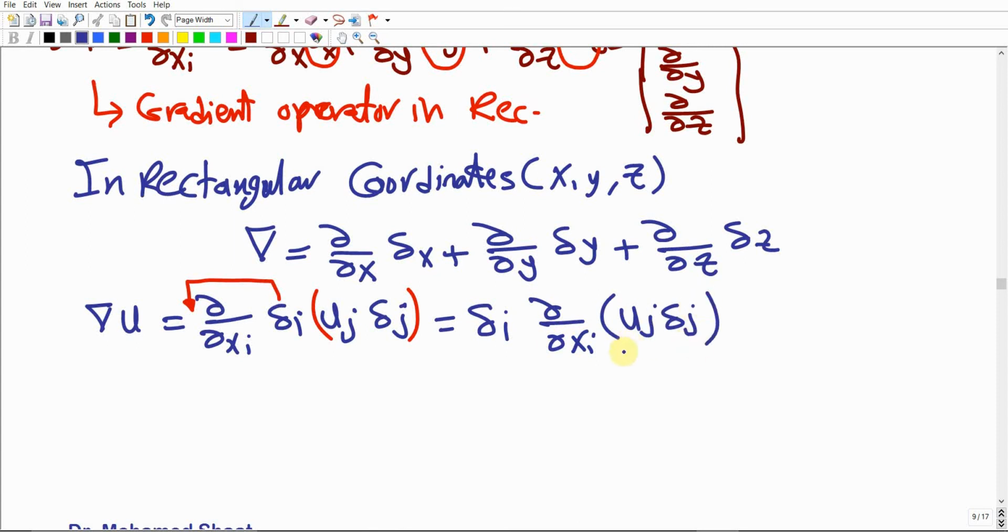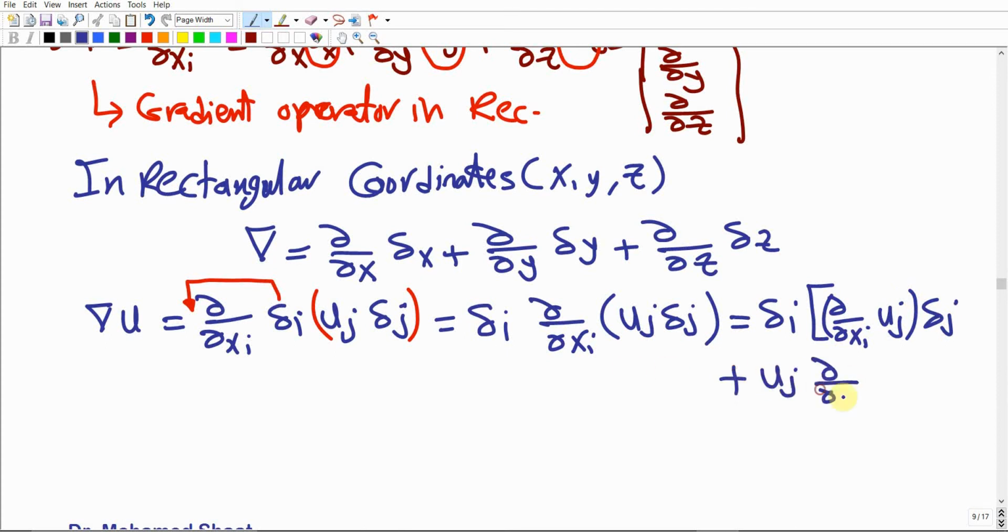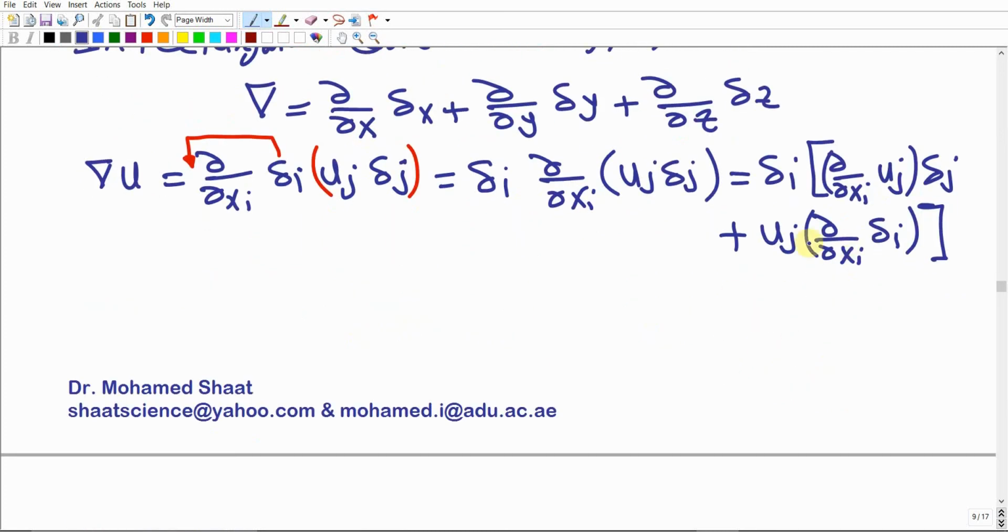This is like the multiplication of two functions, so it is going to be split into delta I times the partial by partial xi uj, times delta j, plus the uj times the partial by partial xi delta I. You got my point? You split it into two terms.